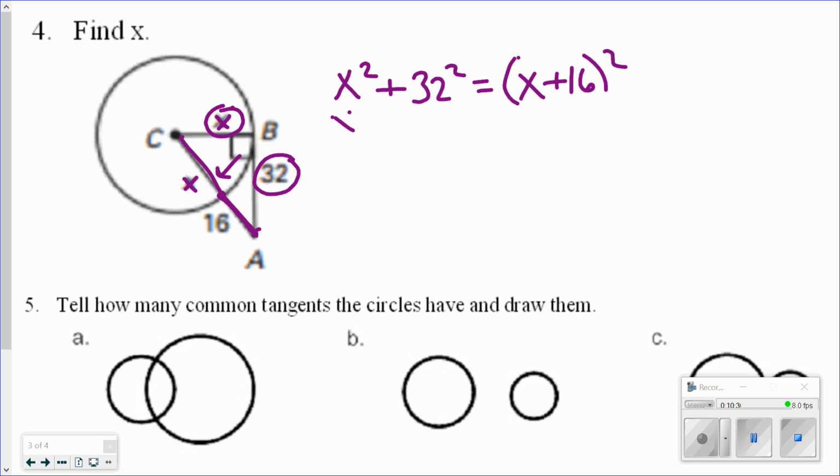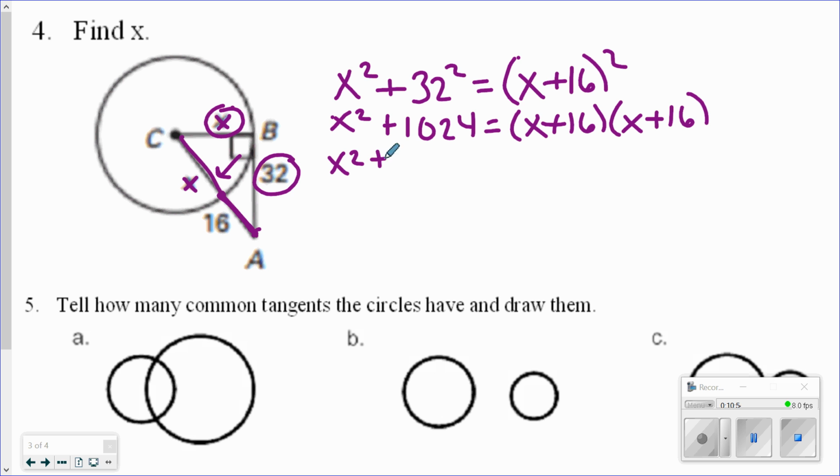So let's simplify this. X squared is going to stay as x squared. 32 squared is 1,024. For this problem here, x plus 16 squared, I'm going to need to write x plus 16 twice. So x plus 16 times x plus 16. And I'm going to need to FOIL. So let's keep this side of the equal sign the same.